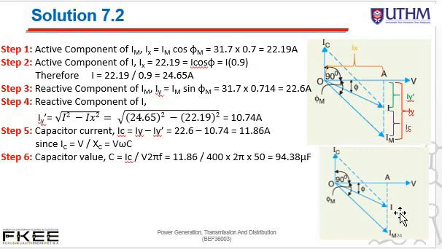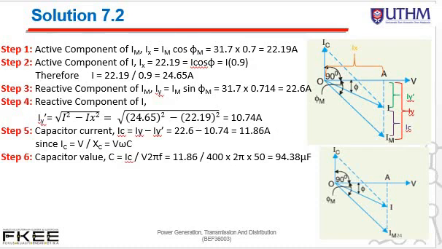In step 5, the capacitor current is calculated by deducting the reactive component of the new current from the reactive component of the motor current. So you have to deduct IY prime from IY, which results in 11.86 ampere. So this is the capacitor current.